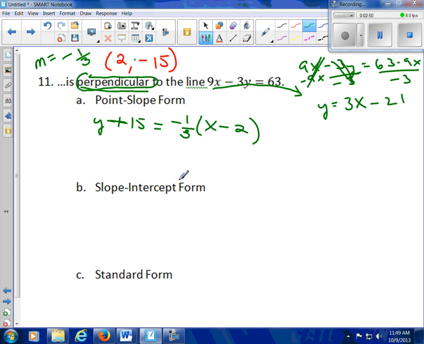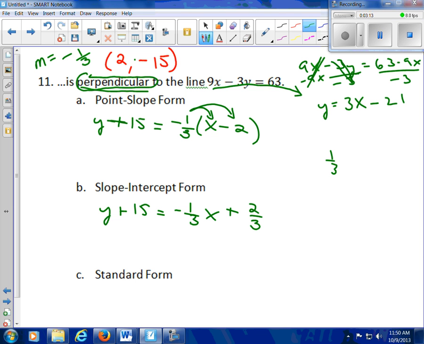Now to get it into slope-intercept form, I'm going to get the y all by itself. But before I do that, let's clean up the distributive property. We know negative 1/3 times x is just negative 1/3 x. And negative 1/3 times negative 2 is going to give me positive 2 over 3.